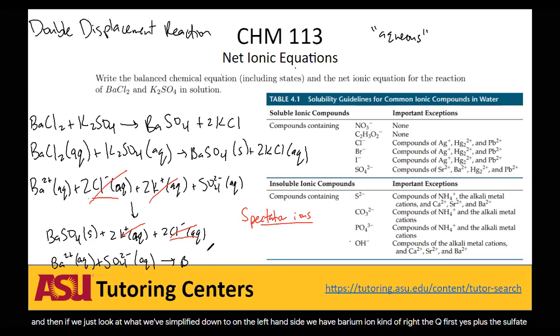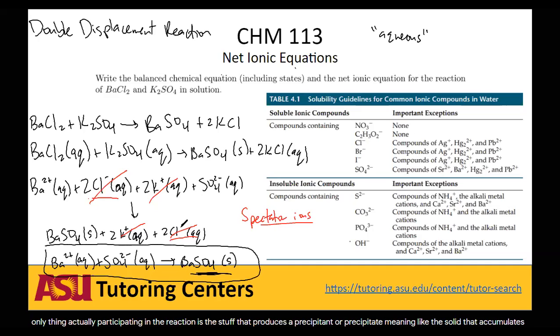So that's the idea: the only thing actually participating in the reaction is the stuff that produces a precipitate, meaning the solid that accumulates in the beaker. So this is what our net ionic equation is. You ignore the spectator ions. That's how you form your net ionic equation.